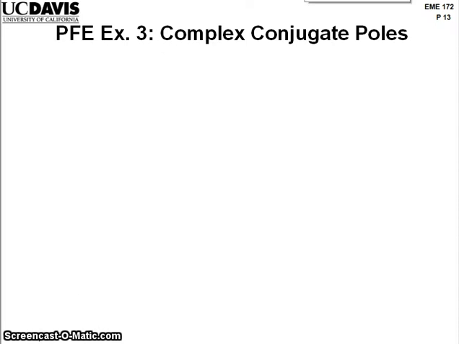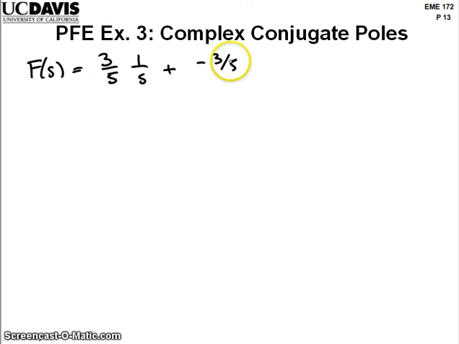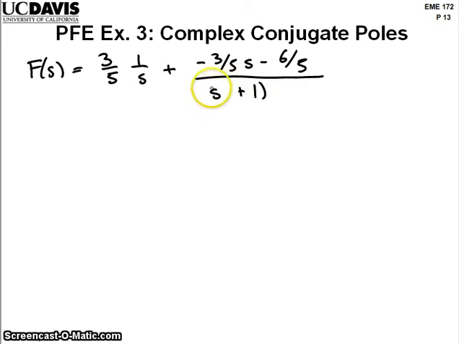And so I'm going to write it out. F of s is equal to 3/5 times 1 over s, plus minus 3/5 s, minus, whoops, not plus, minus 6/5 over s plus 1 squared plus 2 squared is the way I'm going to write it.